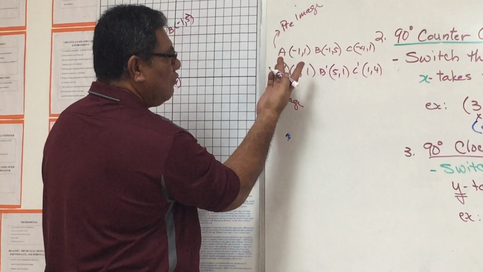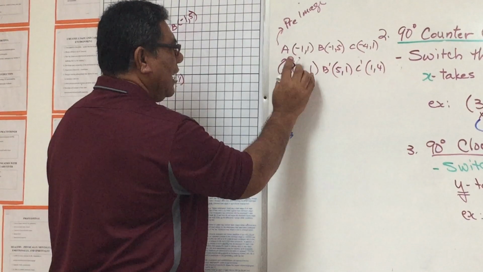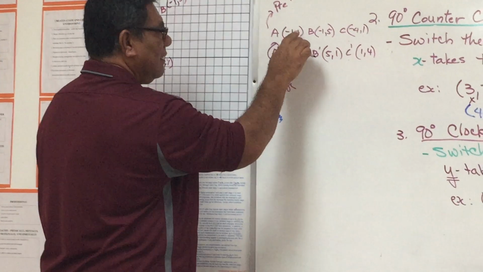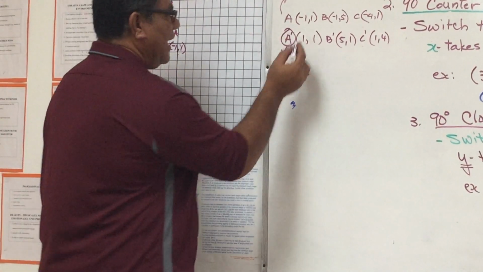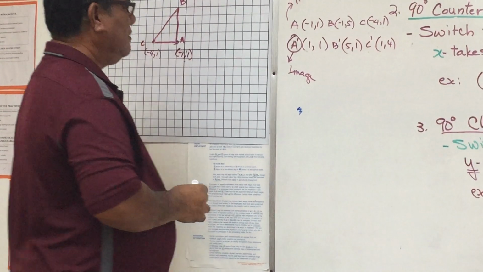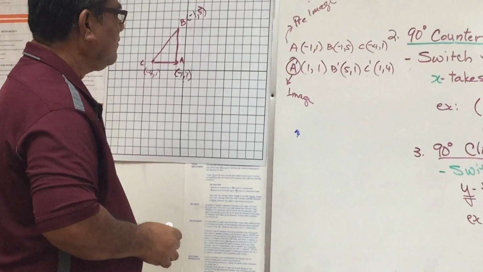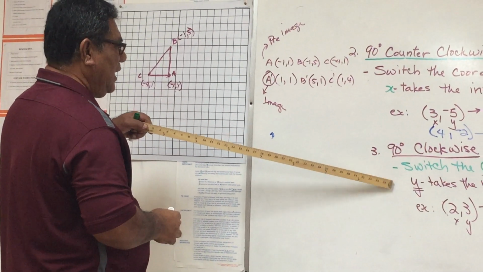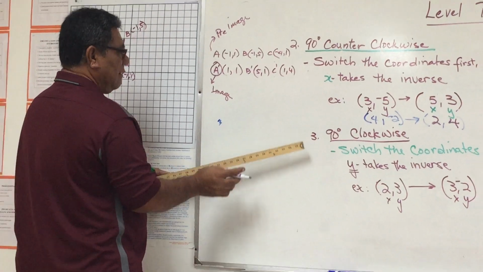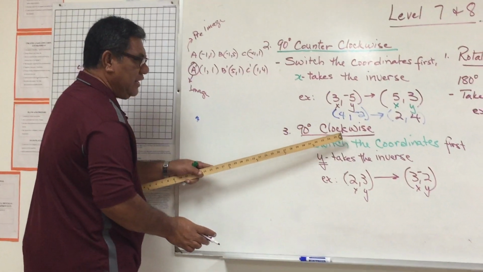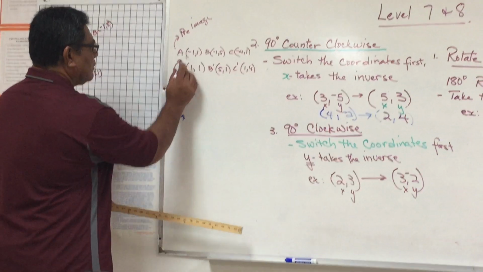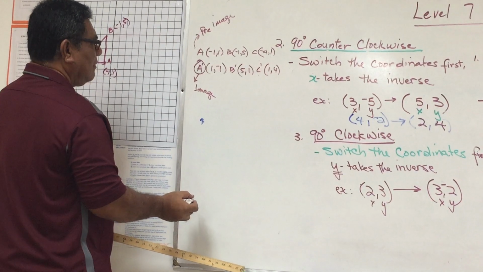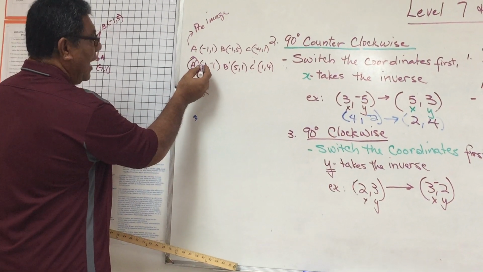I'm sorry, we're doing 90 degrees clockwise. So we're swapping, and then y takes the opposite.